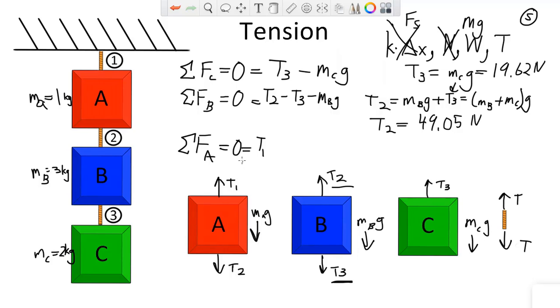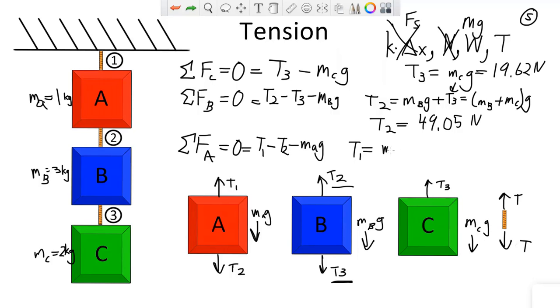If you're out of order, it's 100% fine. Really, in the end, you're just going to have to implement this one once you figure that out, like, oh, it goes into here, and then this one goes into here. So you're just doing things a little bit backwards compared to doing it from the bottom to the top. T1 is going to be in the positive direction for A, and then we have minus T2 minus MAG.